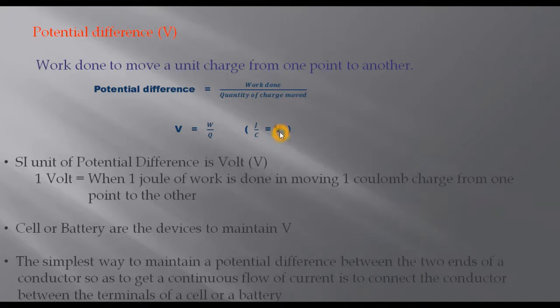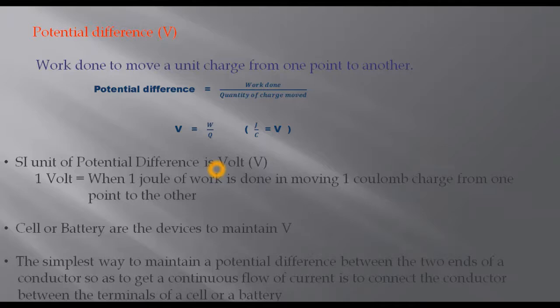Here it's not potential difference, it is the unit volt. Potential difference is denoted by V, and the unit volt is also denoted by V. So joule per coulomb is equal to the volt. The SI unit of potential difference is volt. Both potential difference and volt are represented by the capital letter V.